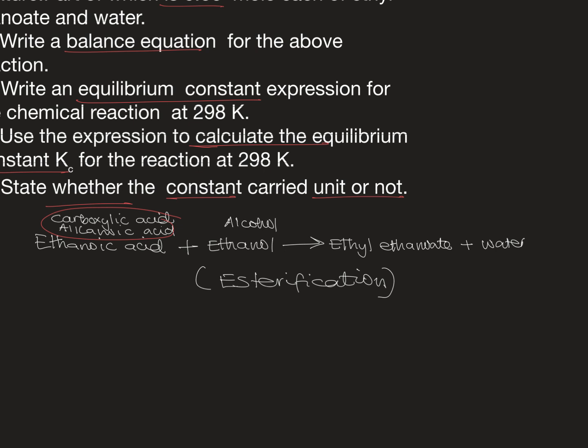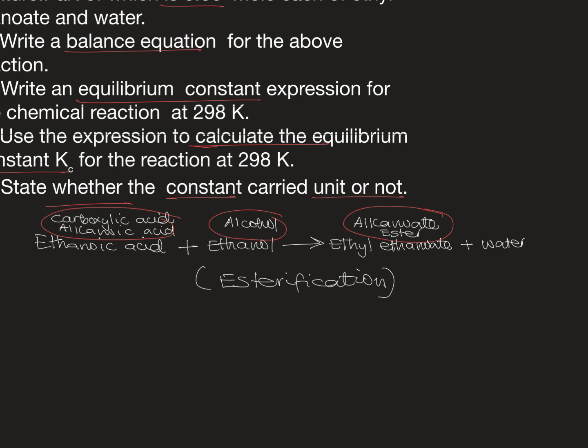Ethyl ethanoate belongs to a group of organic compounds called alkanoate, which are also called esters. So to repeat myself, when alkanoic acid and alcohol react, we produce an alkanoate, otherwise known as ester. This process is what we call esterification in organic chemistry.